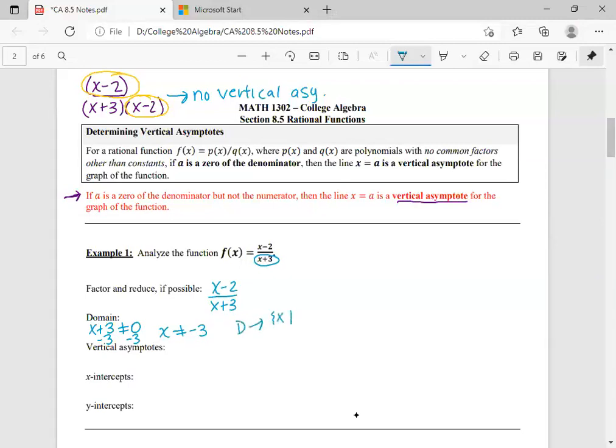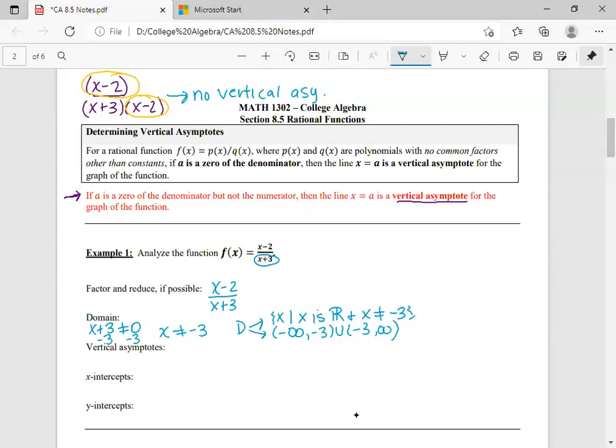We could say all x's such that x is real and x is not negative 3. Or we could say we're good from negative infinity to negative 3, and then we're good again from negative 3 to infinity, because at that place, there's supposed to be a vertical asymptote.